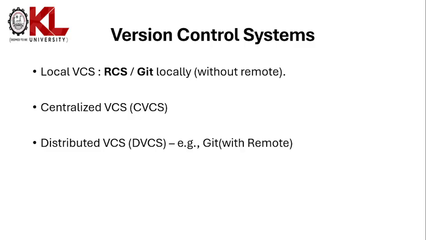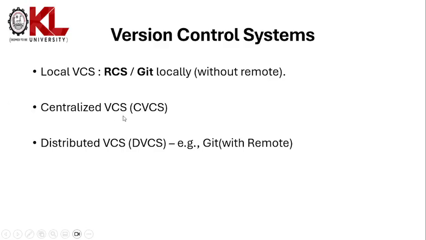In the local one, all the version controls or projects are stored in the local system only. There is no remote repository and no collaboration. Whatever project there is, it is available inside the developer's local system only, and only that developer works on the project. That is called local VCS.